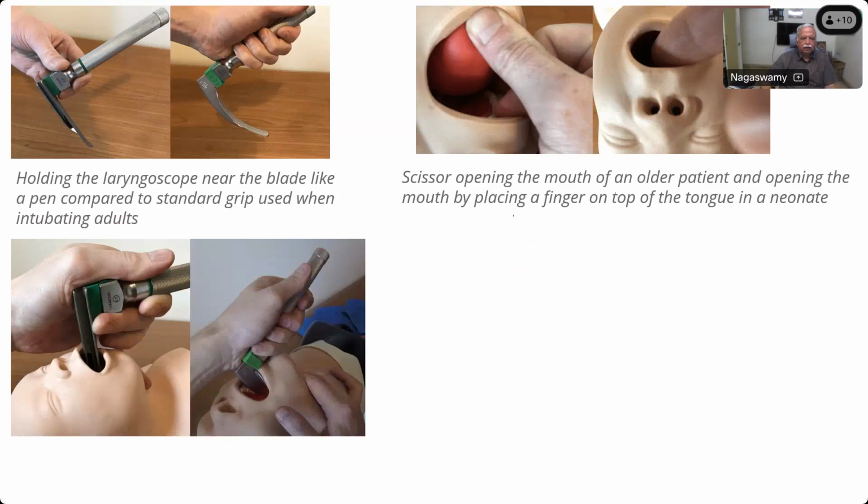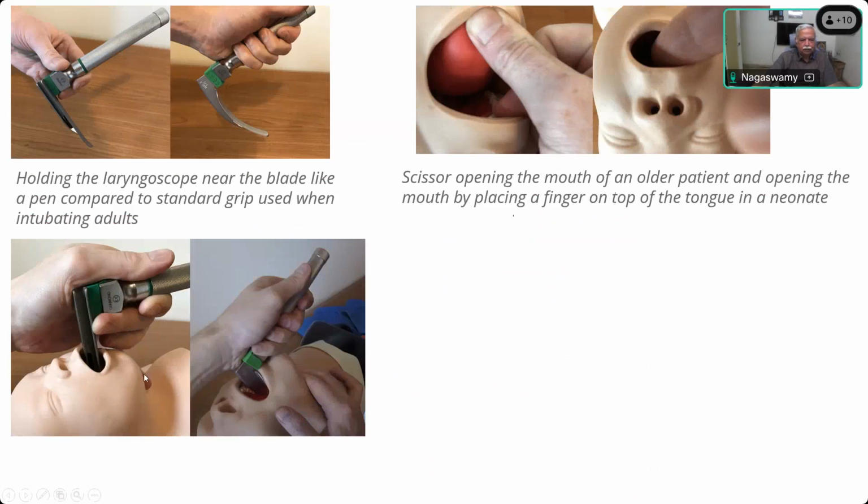What is shown here? External laryngeal manipulation is done. Backwards, upwards. But why two pictures there? Using a single hand and a different type of grip, and using double hands. The operator himself is using his little finger while holding the laryngoscope in small infants and neonates.